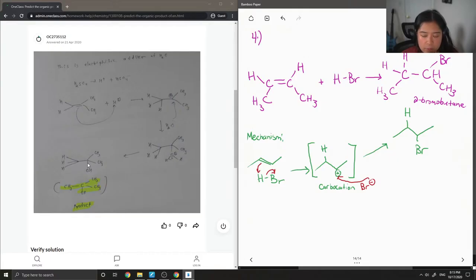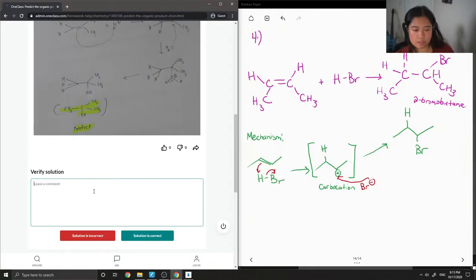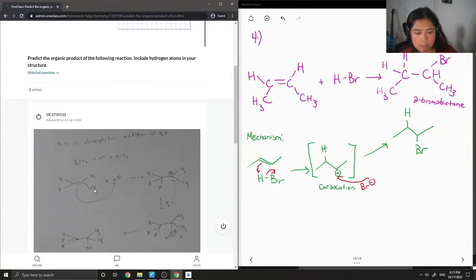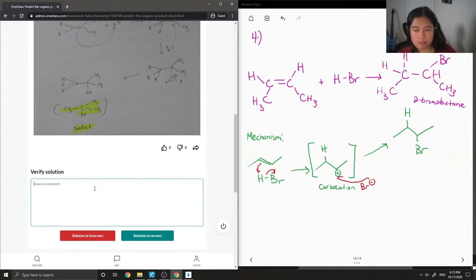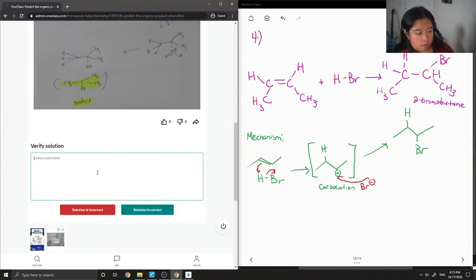And they were left with an OH group instead. So this mechanism is correct, but for this question in particular, it is not the right answer. So let me just write down what it should say.